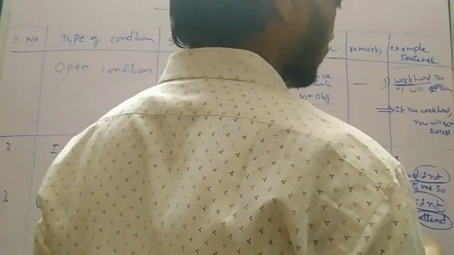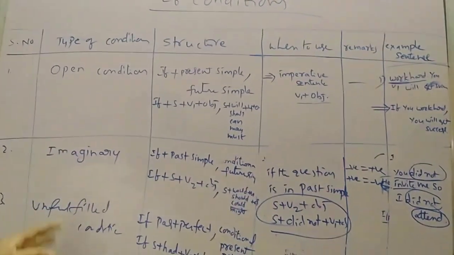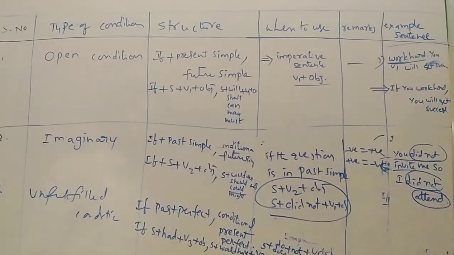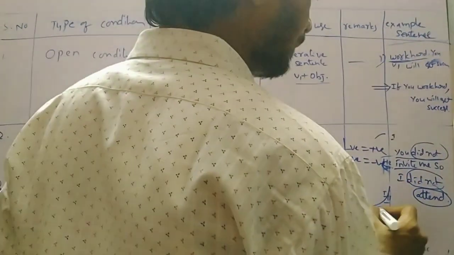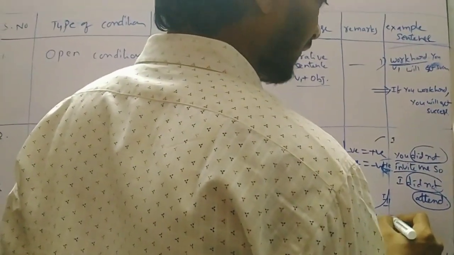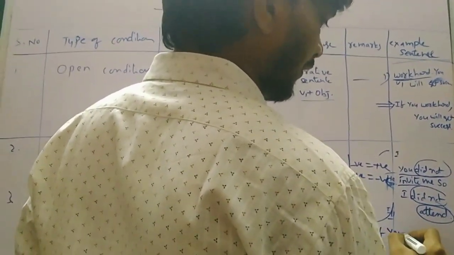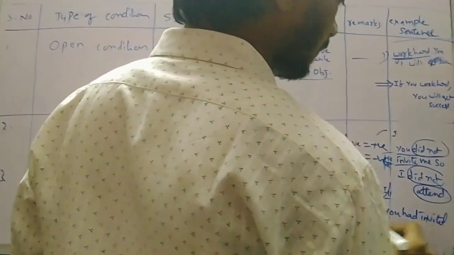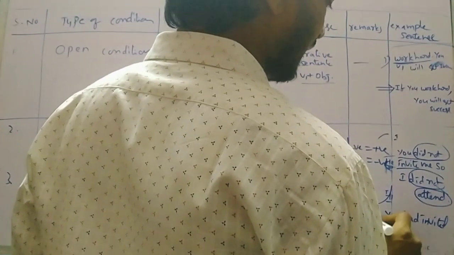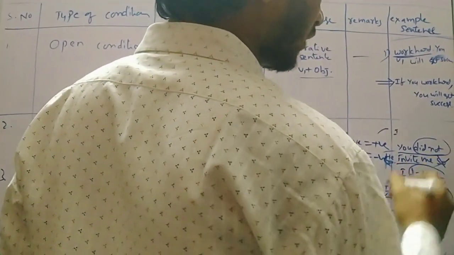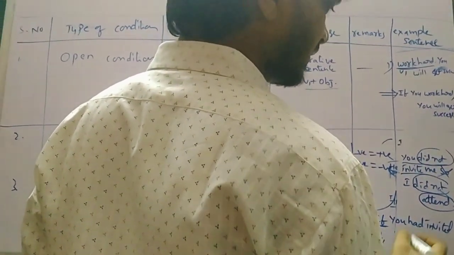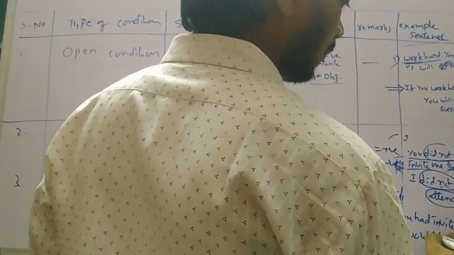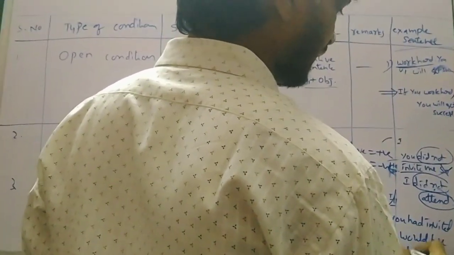If the question is in past simple tense, use the unfulfilled condition. The structure is: if clause in past perfect tense, main clause in conditional present perfect tense. So the answer is, if past perfect tense, negative becomes positive: if you had invited me. We are writing the conjunction here, so remove the original conjunction. In the sentence, I, negative becomes positive: I would have V3 attended.